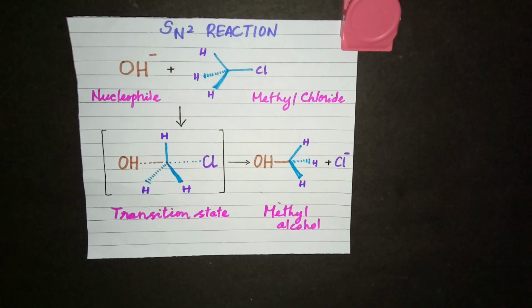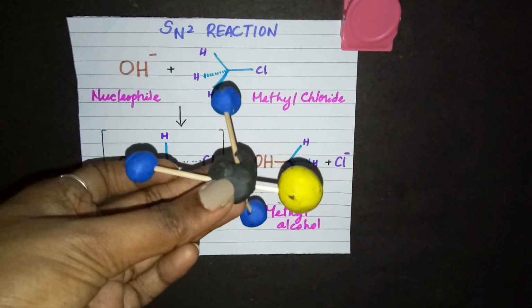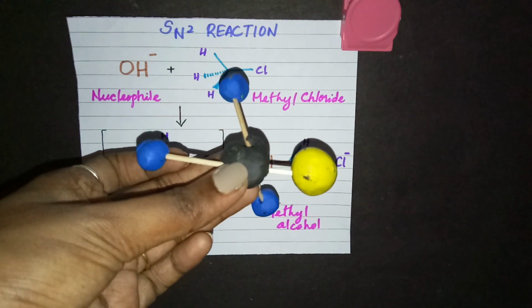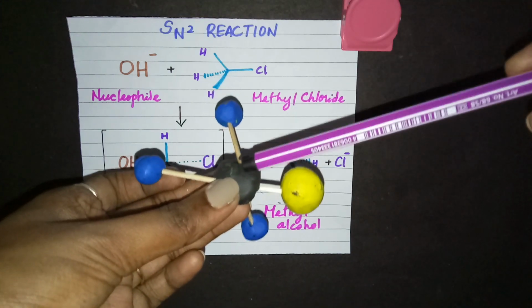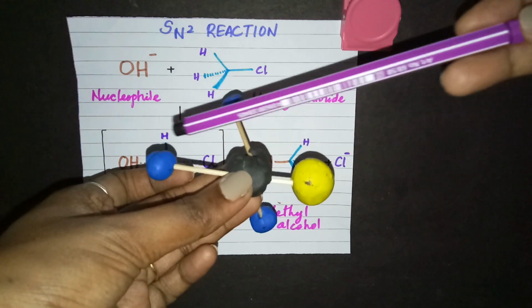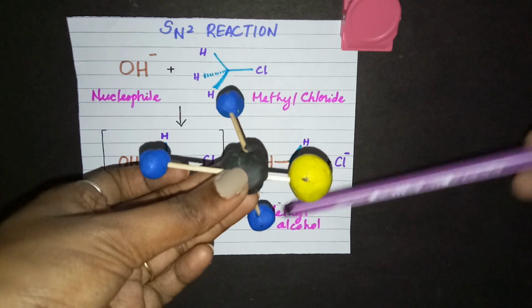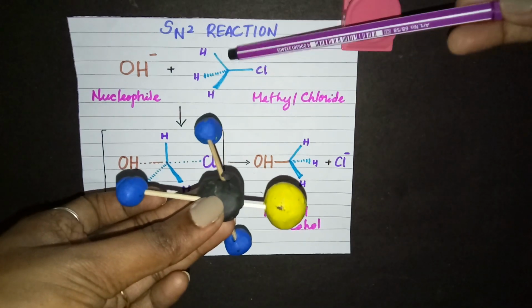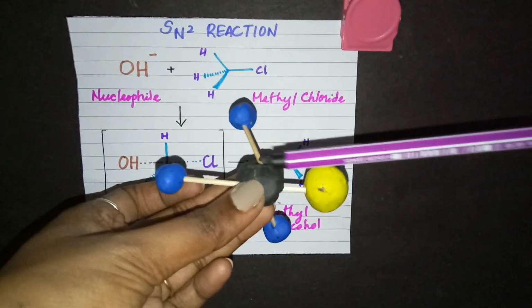Now I'll try to show this in a simple model. So let's consider this as the CH3Cl. In this CH3Cl, this is the carbon, this is the Cl atom, and these three are hydrogens. As I told you, this hydrogen and this chlorine are on the plane of the paper.